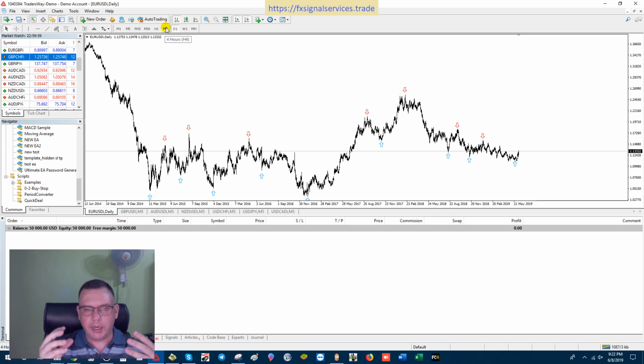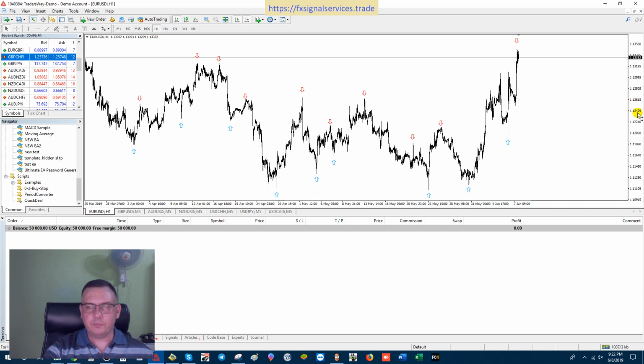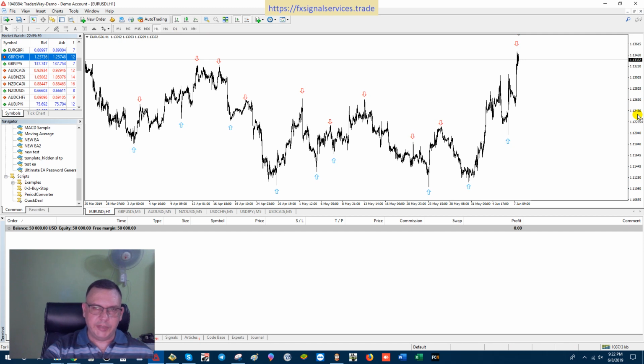Keep in the back of your mind that this will be going up, and the US dollar is weakening, so it's going to allow Euro USD to continue up. But the smaller time frames, the 1 hour and the 4 hour, are showing bearish, wanting to go down right now.